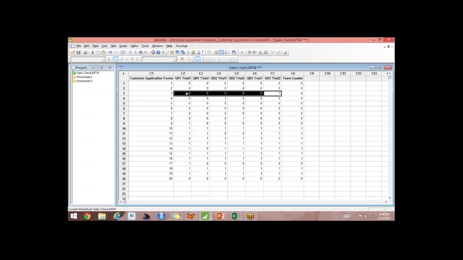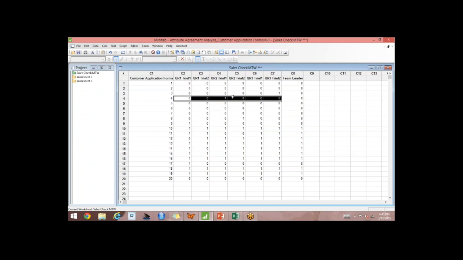So there is a mismatch. Look at this fourth customer application form. Everyone says it is incomplete except for quality representative 2, in his trial 1 only. Only in his trial 1 he is saying it is complete. In the rest of the places it is incomplete, right?